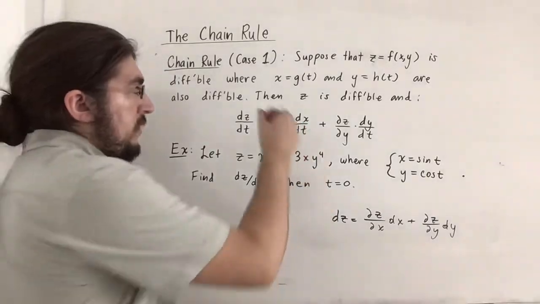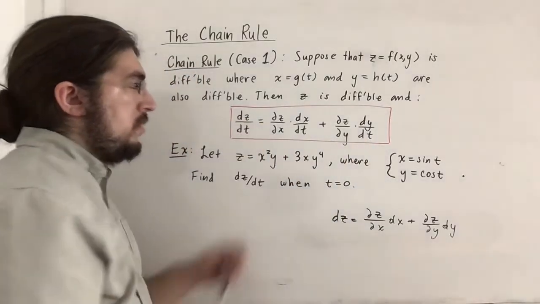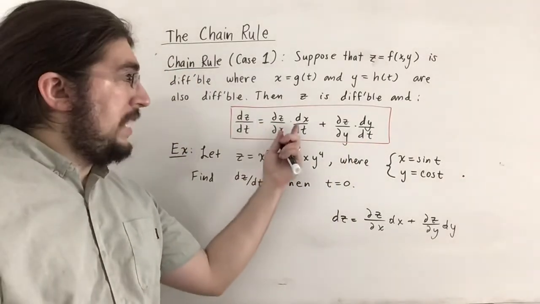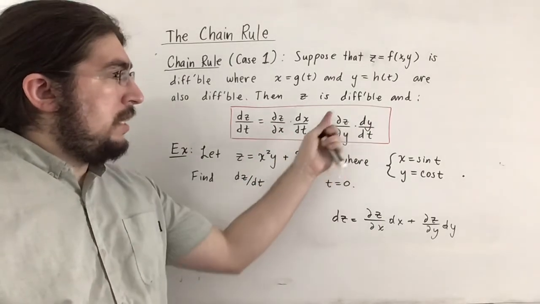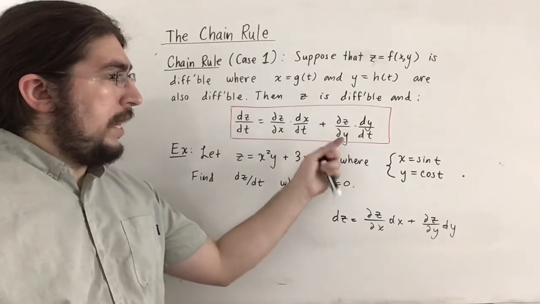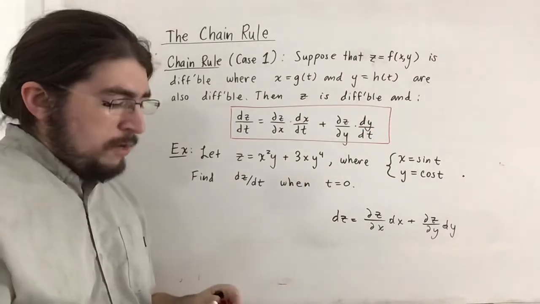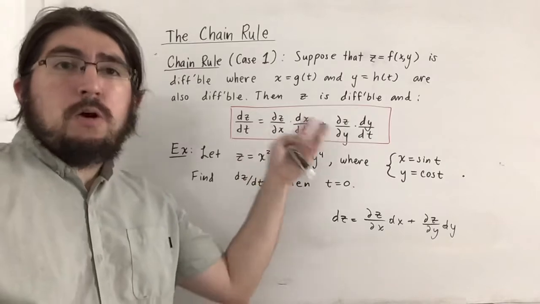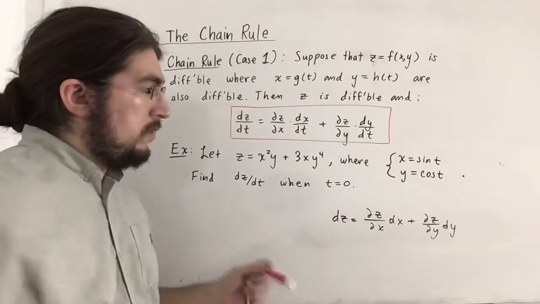And moreover, this equation ends up being true: dz/dt is equal to the partial of z with respect to x multiplied by dx/dt, the derivative of x with respect to t, plus the partial of z with respect to y multiplied by the derivative of y with respect to t. So really this is just the chain rule, only now we have these two pieces which came from the total differential equation.